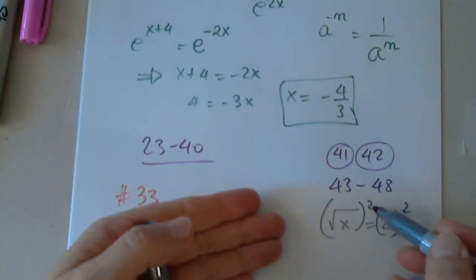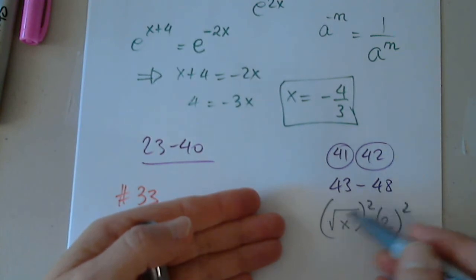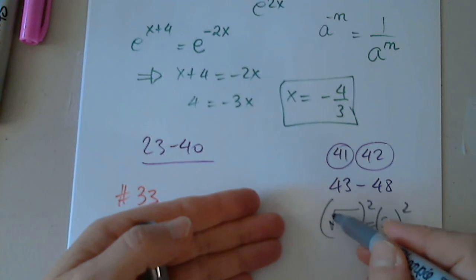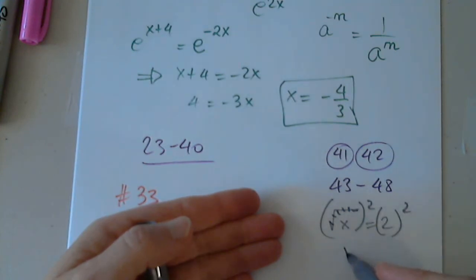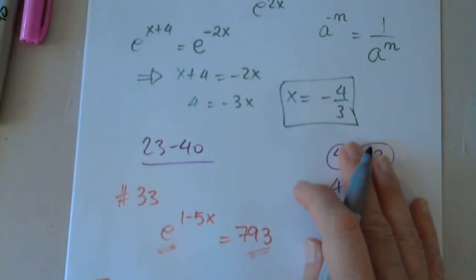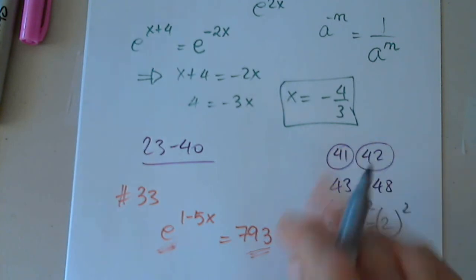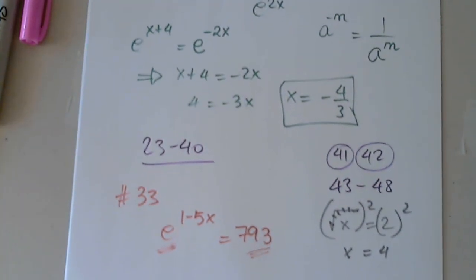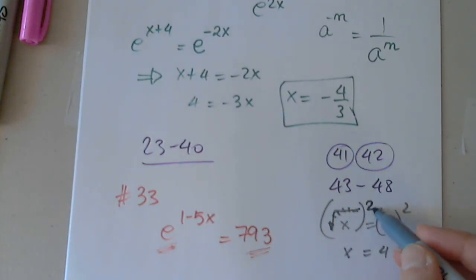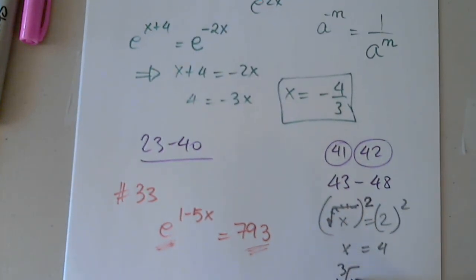Why? Because squaring and taking the square root are inverses of each other, inverse operations. And the square will eliminate the square root and we get x. And on the other side, 4. What is the inverse function of e to the x? That's the function I have to apply to both sides. So here I had the square root, I apply the inverse function. If I have the cube root, I apply the inverse function.